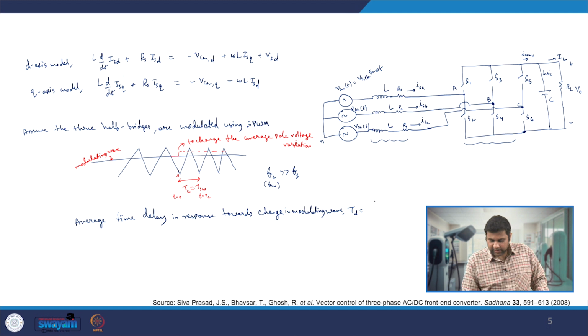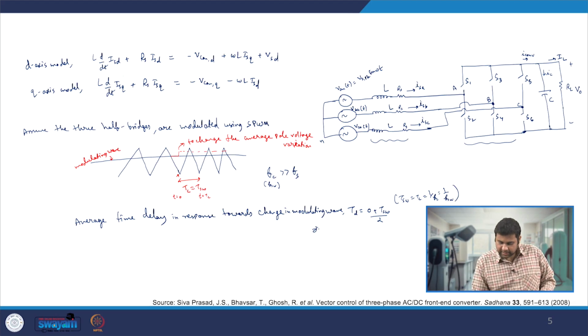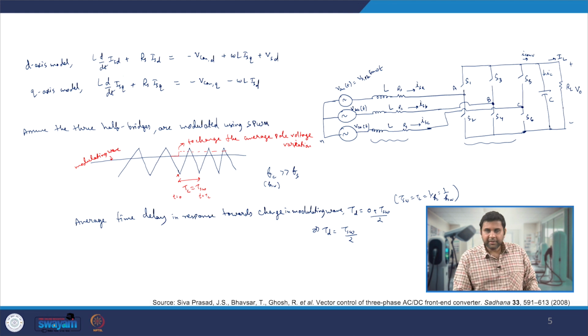Let us define Td as nothing but 0 plus TSW by 2, where TSW is the same as the carrier period, a switching period is the same as carrier period, which is equal to 1 by Fc or 1 by Fsw. So that implies my average delay in response towards the change in the modulating wave is TSW by 2.